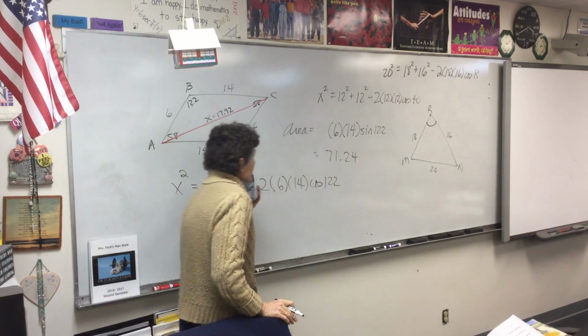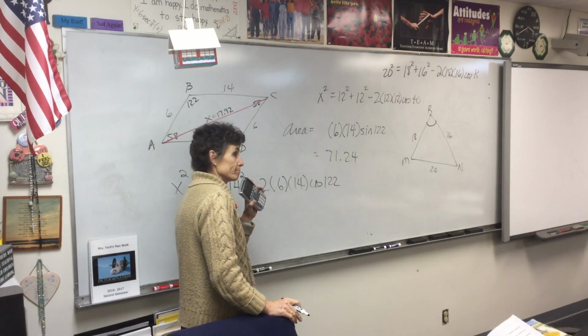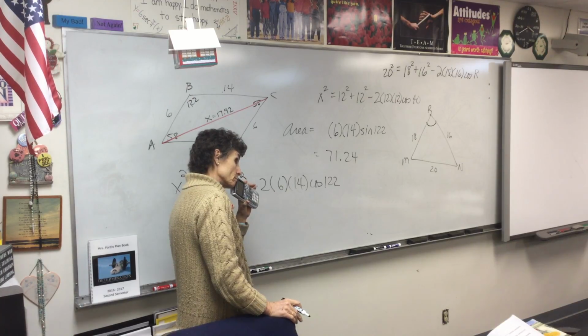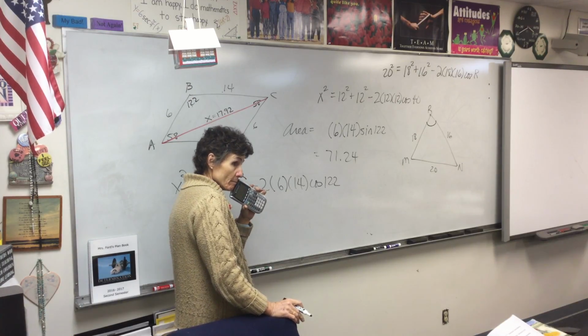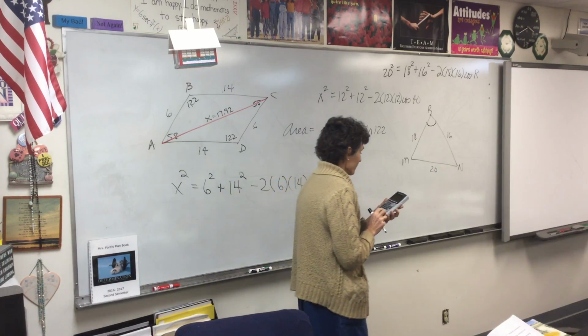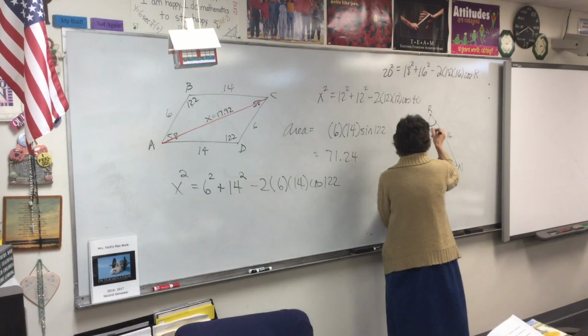What you come up with is the measure of angle R. I didn't get 90. Yeah, I got 71.79.